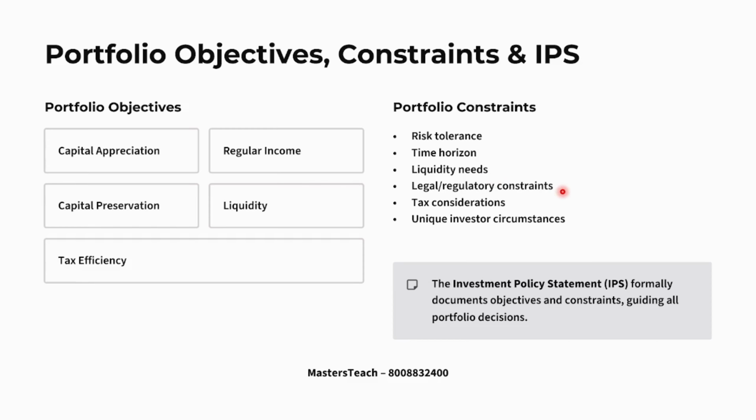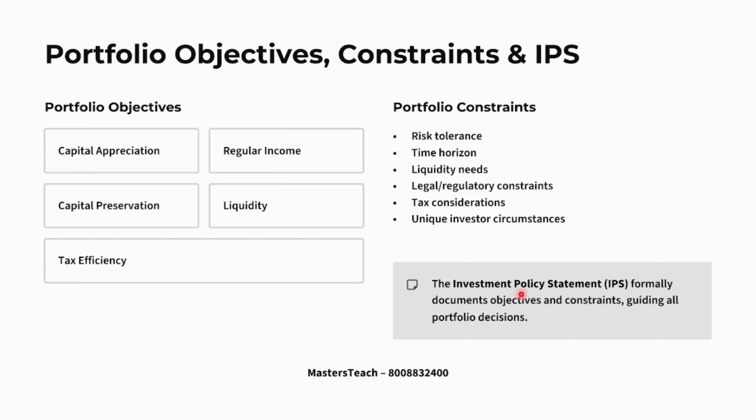Legal and regulatory constraints: if you invest, then some legal things are there. Tax consideration: some people invest in order to save tax, that you have to consider. Unique investor circumstances: some people have different aims in investment. So these are the objectives and these are the constraints.